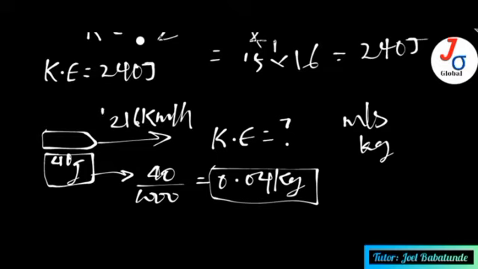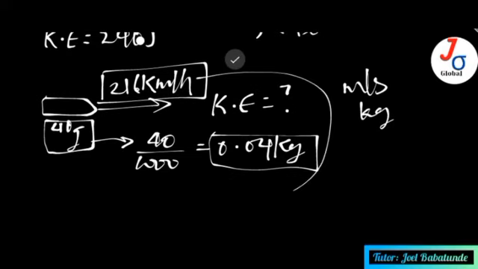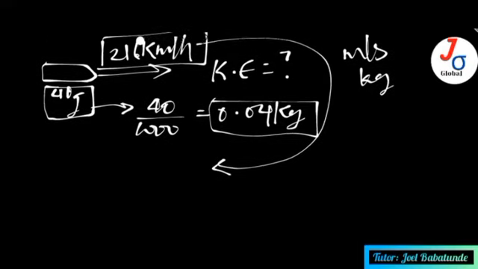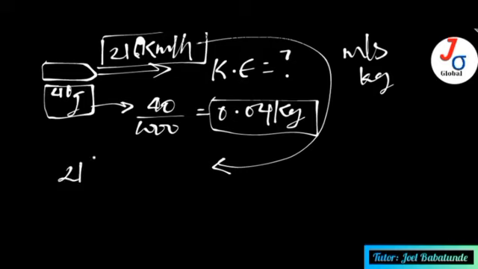Then you also have to convert this 216 kilometers per hour to meters per second. So how do we do that? This means 216 kilometers every 1 hour.